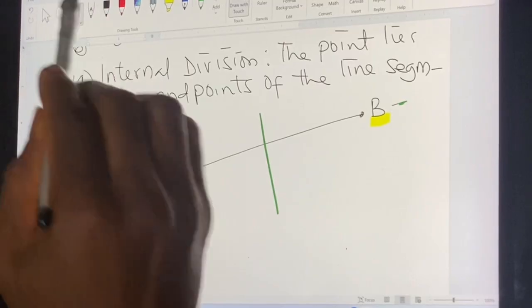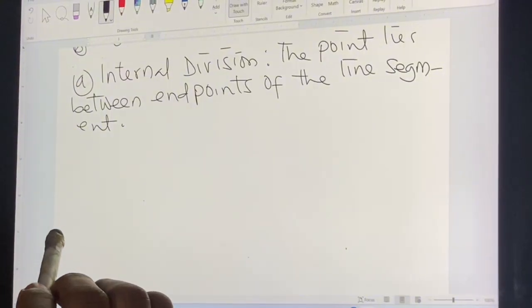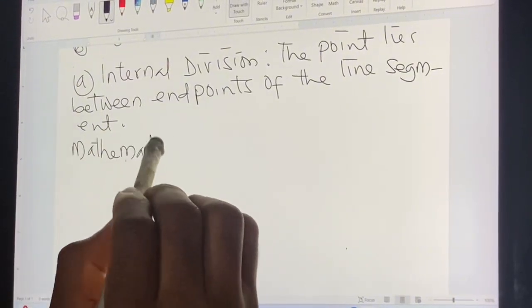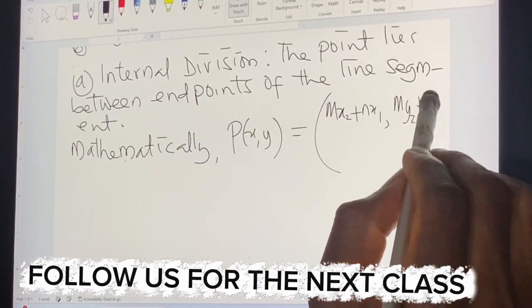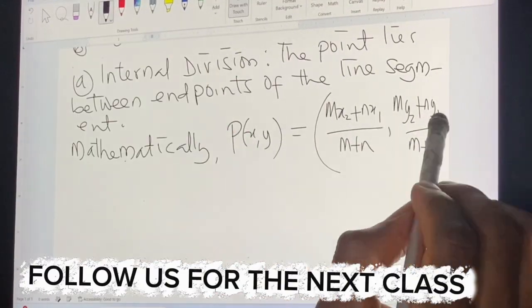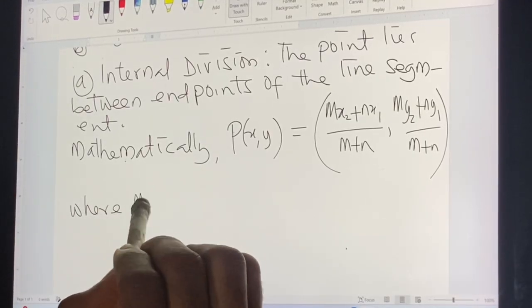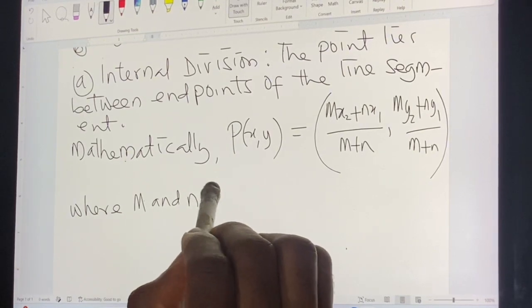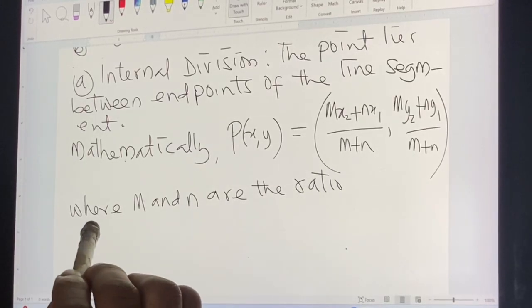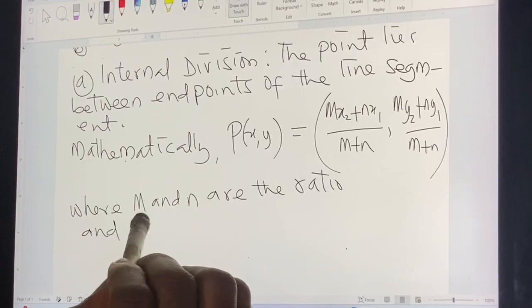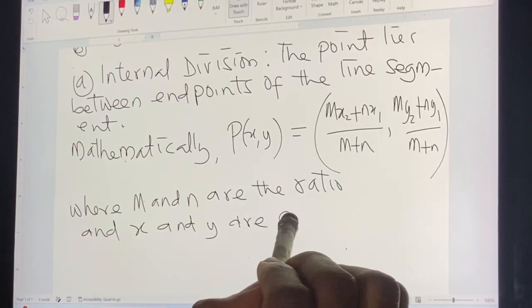So mathematically it can be expressed as, where M and N are the ratio and X and Y are coordinates.